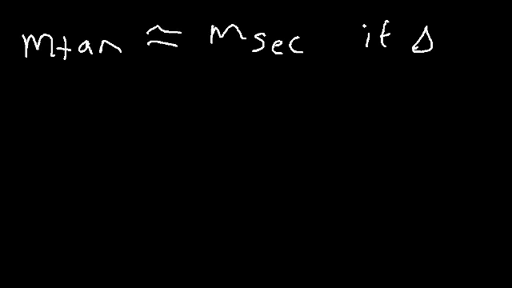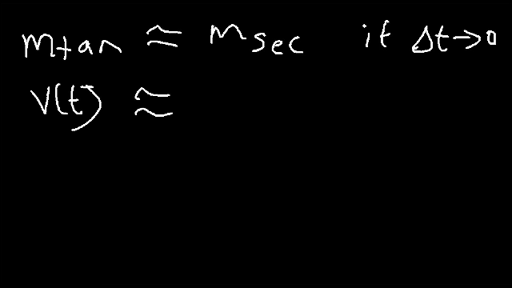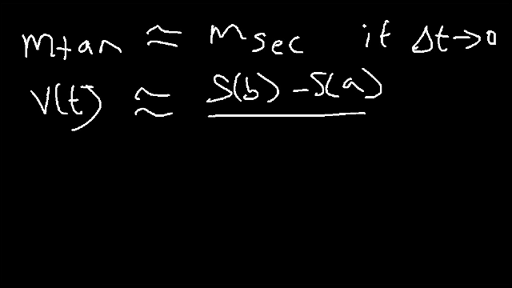So we said the slope of the tangent line is approximately equal to the slope of the secant line if delta t approaches 0. Now the slope of the secant line is basically the average rate of change, and the slope of the tangent line is the velocity. Now the average rate of change, we said it's s of b minus s of a over b minus a, but let's use t. Let's say b is the time at point b, and a is just the time at a.